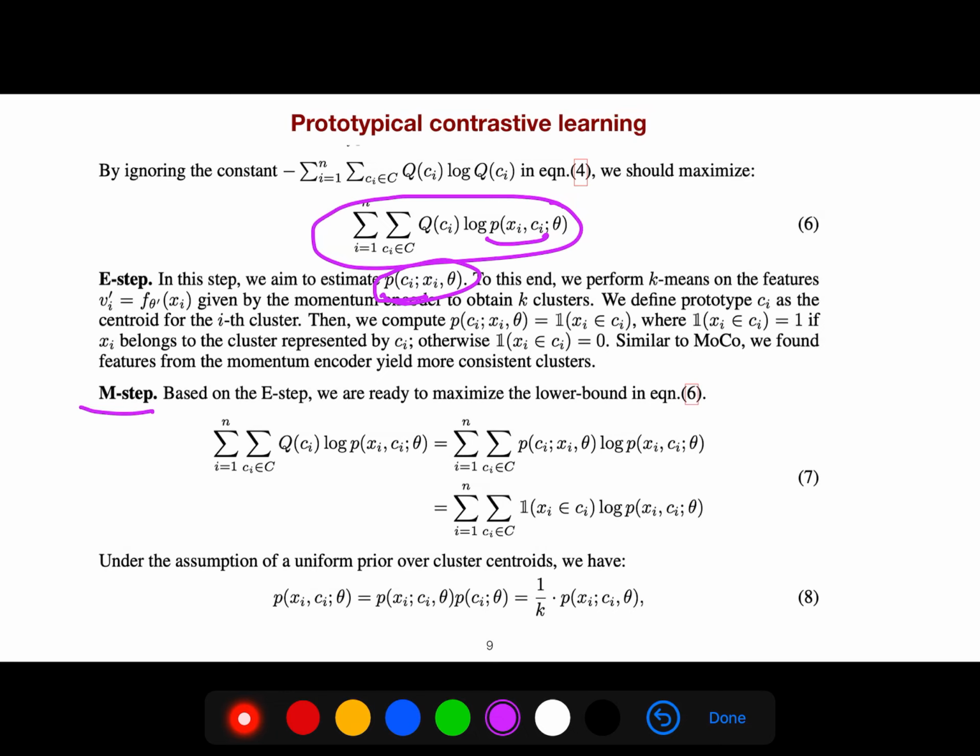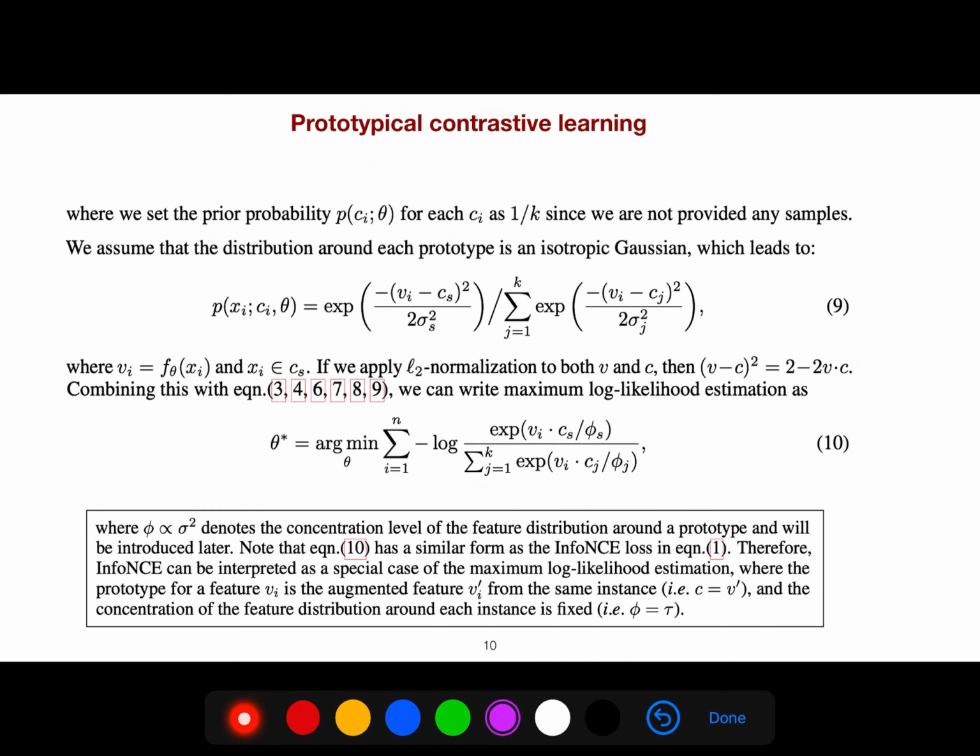And using this assumption of uniform prior over cluster centroids, we set the prior probability as 1 over k because we don't know the prior, and we assume the distribution around each prototype is isotropic Gaussian.